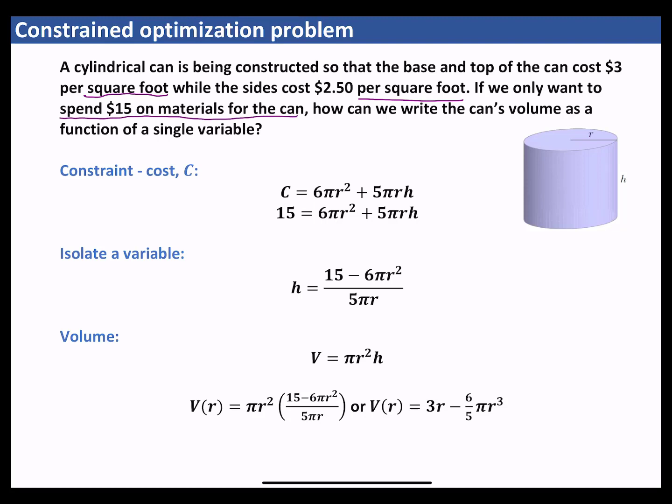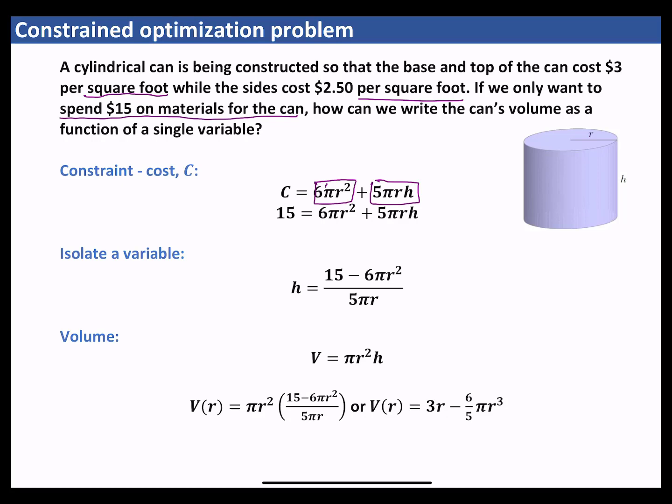We did this in Screencast 5.3.2. We found a formula for the cost that involved the area of the top and the bottom times $3, and the area of the sides times $2.50. Since our constraint was only $15, we had the equation 15 equals 6 pi r squared plus 5 pi r h.